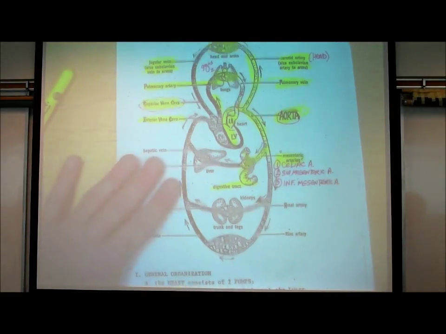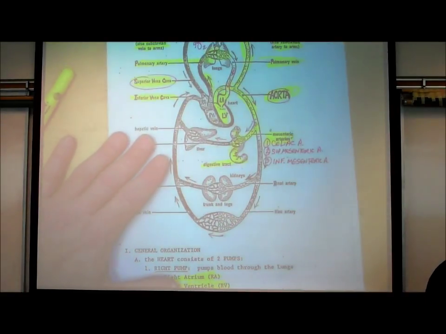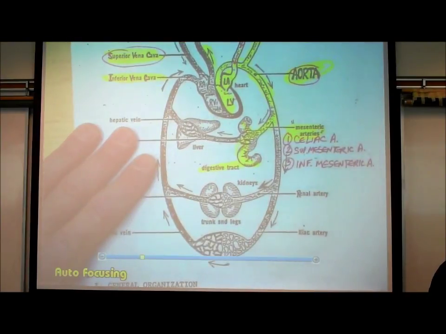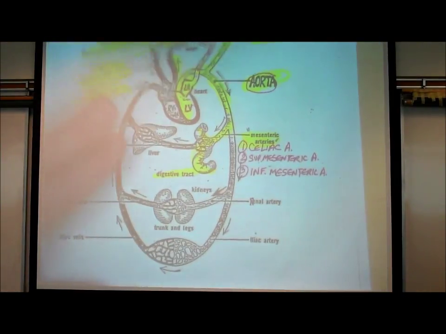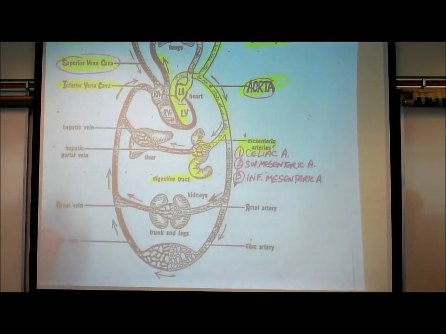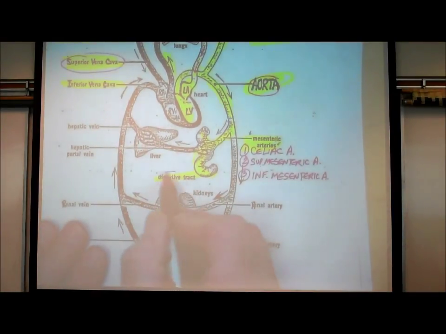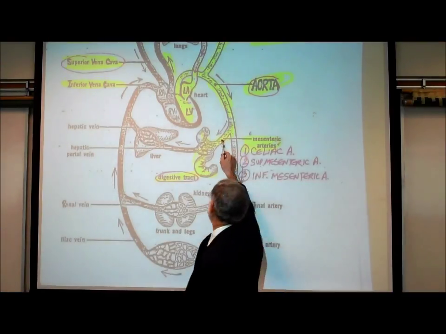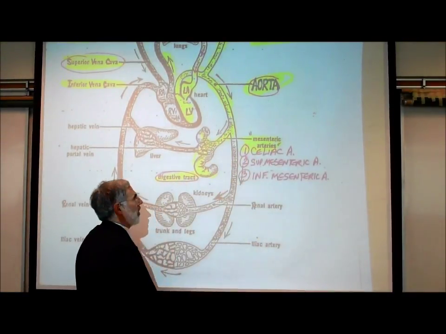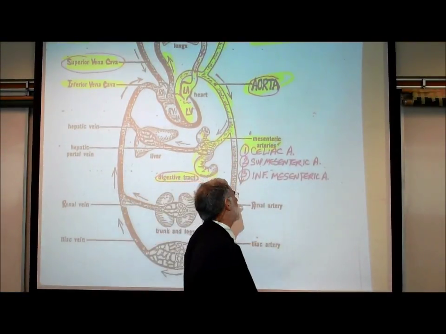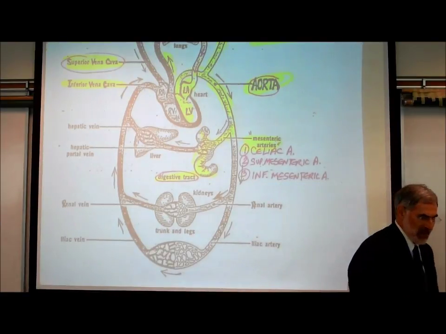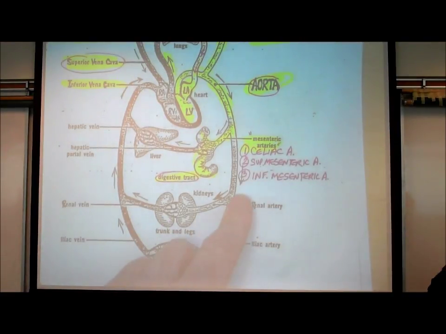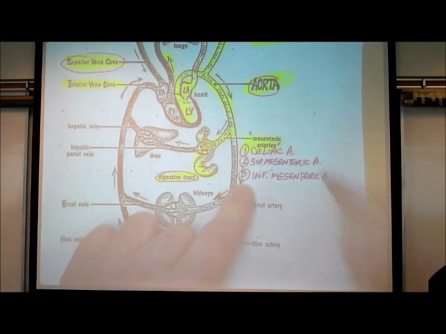Now, mesenteric, and you might say, I can't see what you wrote. Okay. Mesenteric refers to the digestive tract. So even though this picture is very simple and it just shows one, there's really 3 major arteries: celiac, superior mesenteric, and inferior mesenteric. Now, what do they do? Which parts of the digestive system are they supplying?